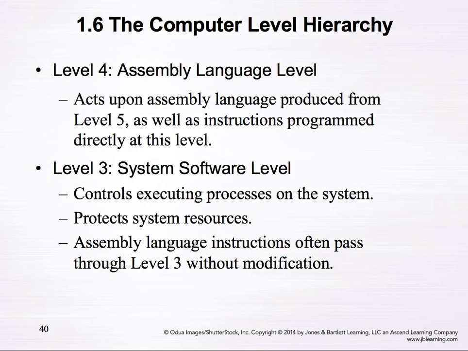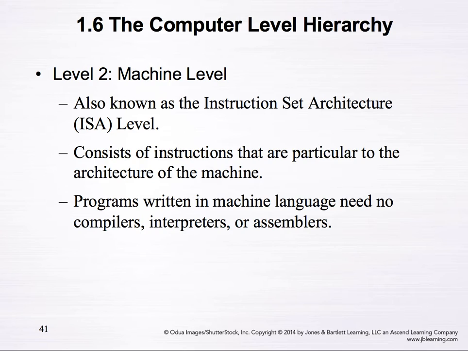Assembly language instructions often pass through level 3 without modification and go down to level 2. So level 2, we call the machine level. This is known as the instruction set architecture, ISA level. We can study some of the ISA in detail later on.